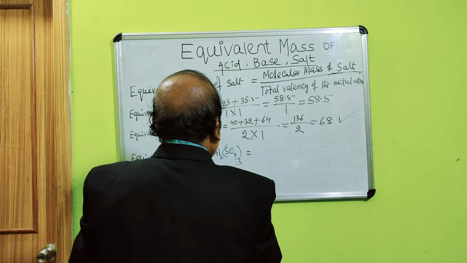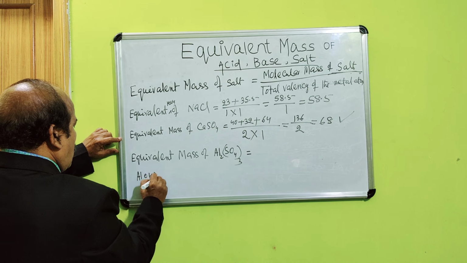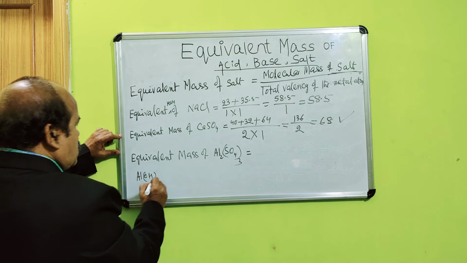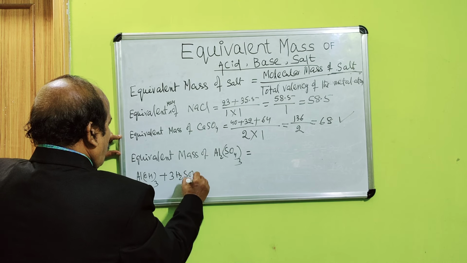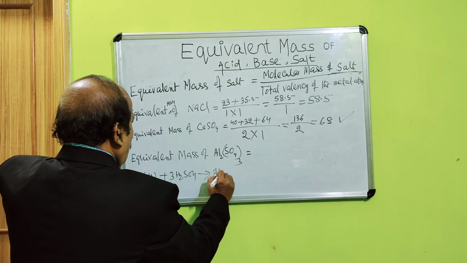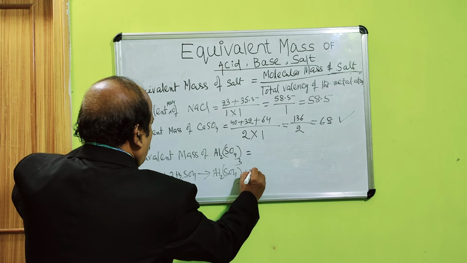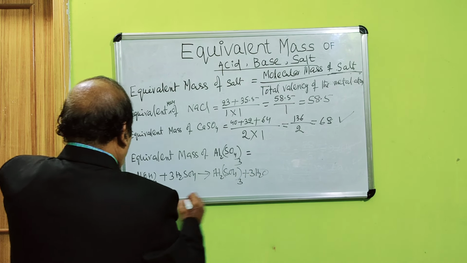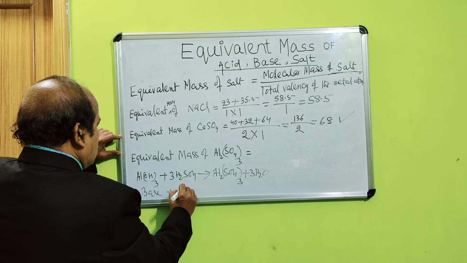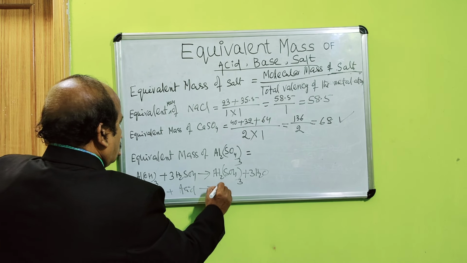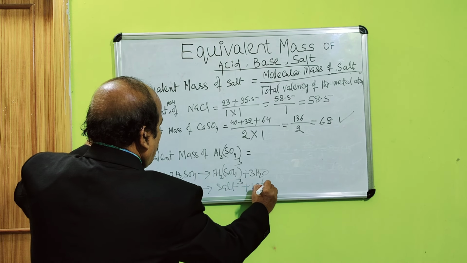Let me tell you first, it's a salt. Aluminum hydroxide, Al(OH)3, plus 3H2SO4 will give rise to Al2(SO4)3 plus 3H2O. So this is base plus acid, salt plus water.